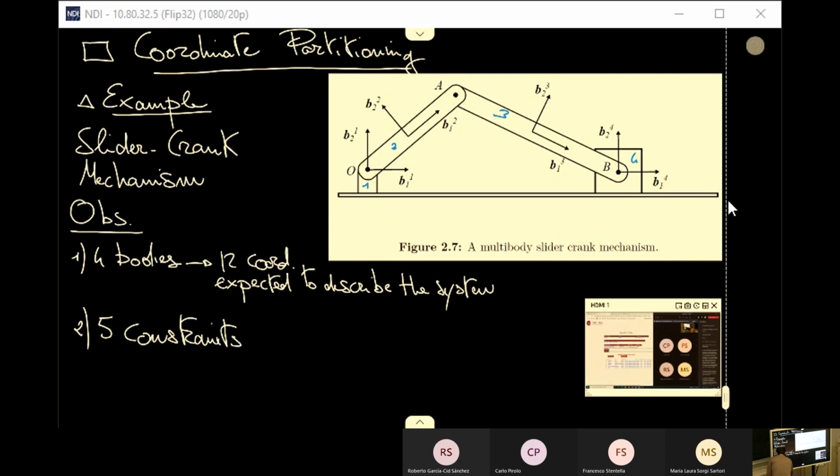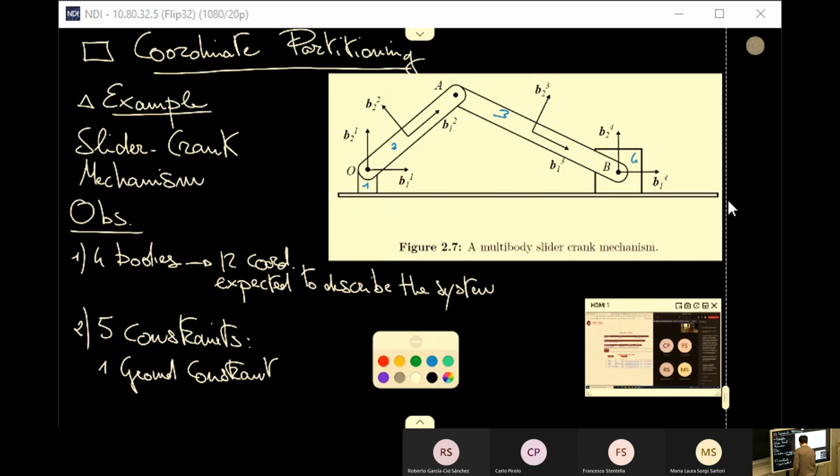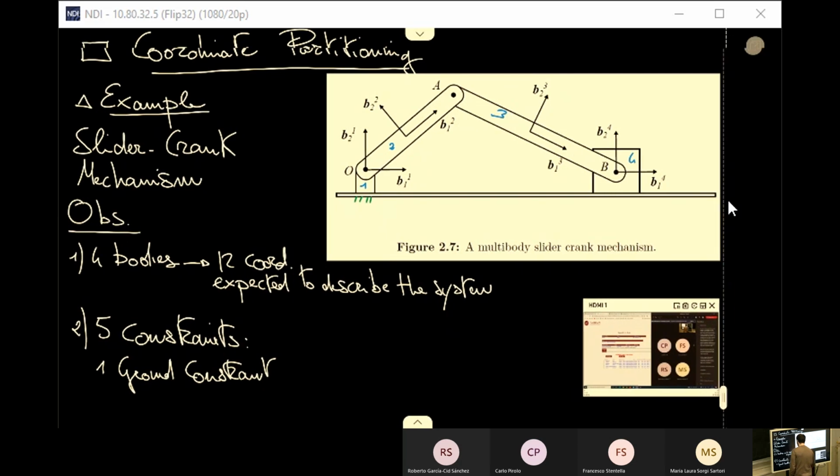So let's see which ones they are. We have one ground constraint, which we can exemplify like this.